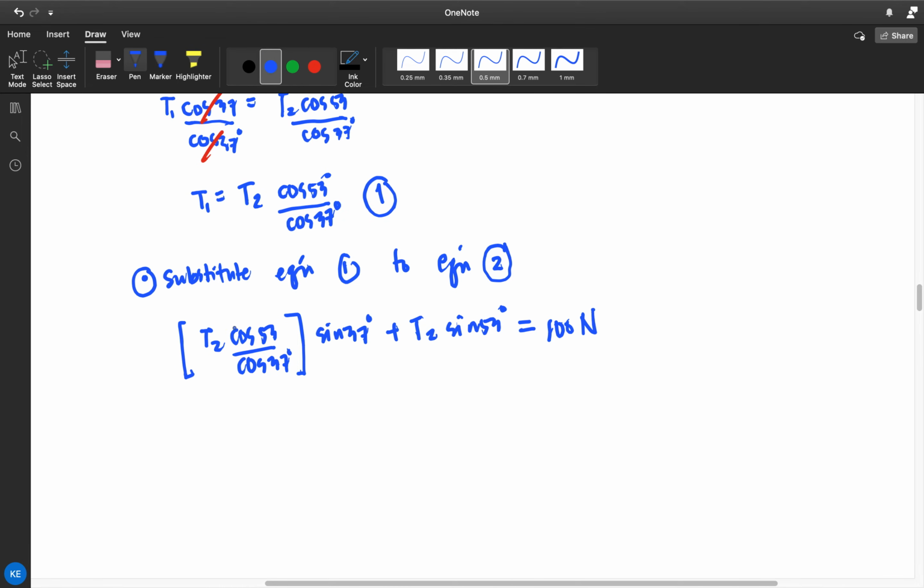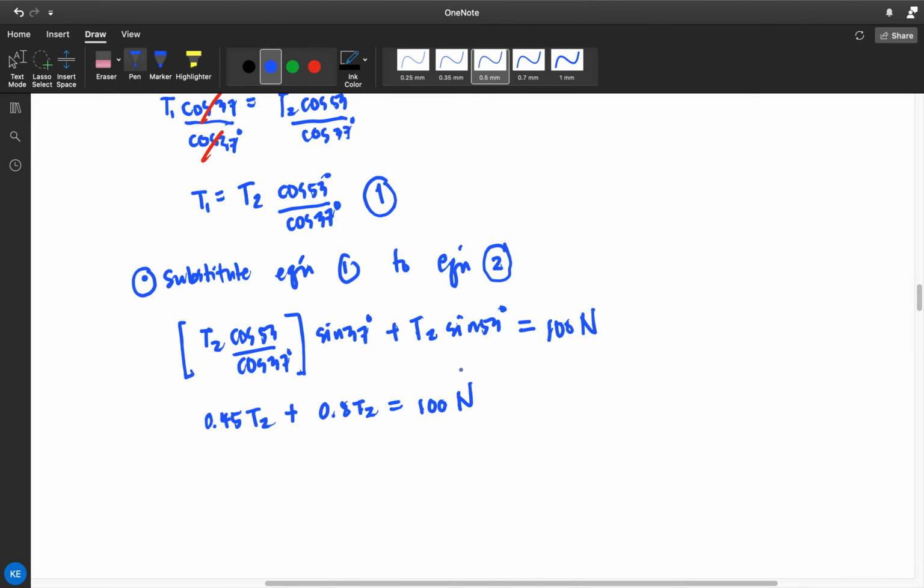So this is simply cosine 53 times tangent 37, so that would be equal to 0.45 T2, plus 0.8 T2, which is simply equal to 100 newtons.